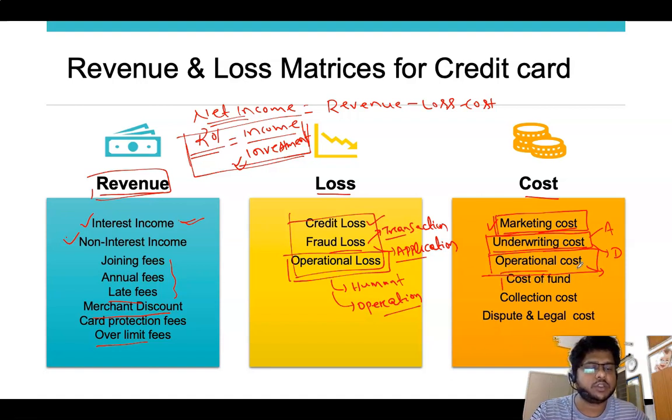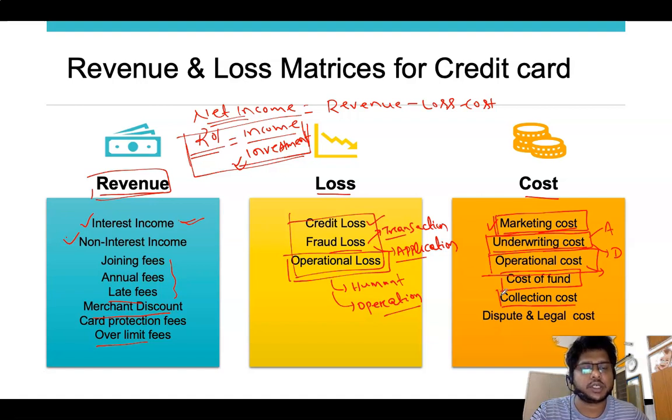Cost of fund: just like any of us, a bank also borrows money in order to lend to the customers, and the bank also pays an interest rate, which is nothing but the cost of fund. The collection cost: if the customer doesn't pay, then the bank has to develop a strategy, set up a team, and do the follow-ups through emails, phone calls and field visits by field agents.